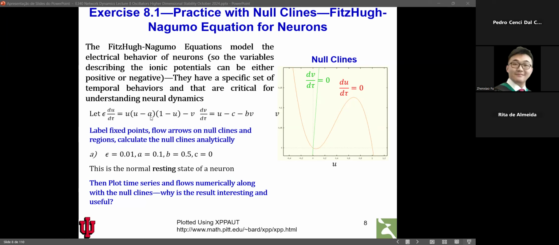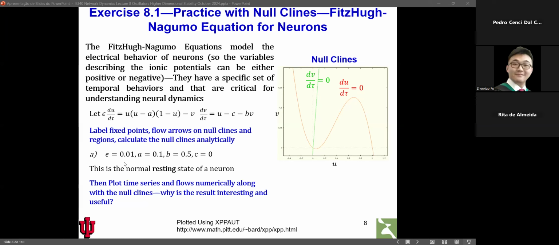You have a parameter A, the parameter epsilon, and then you have C and B. So we have all four parameters here. You see here, it's crossing like that. And when we change it such that it crosses on the other side, it's going to be up, and here it's coming down. So we'll see what's going to happen.